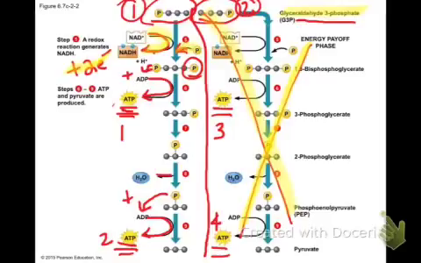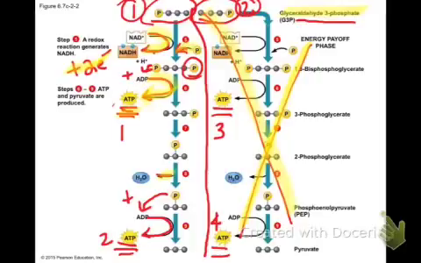an ADP here. It's going to take one of those phosphates right there, and it's going to produce ATP. The phosphate adds to the ADP and produces ATP in that process. The next step, we lose some water here. But eventually, in step 9, we have another generation of ATP.